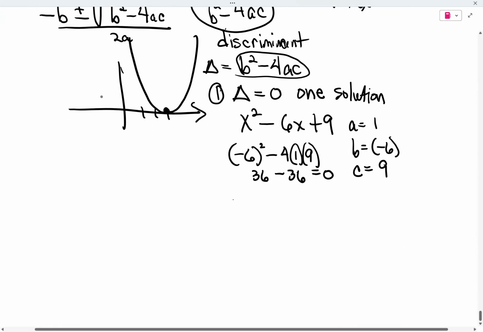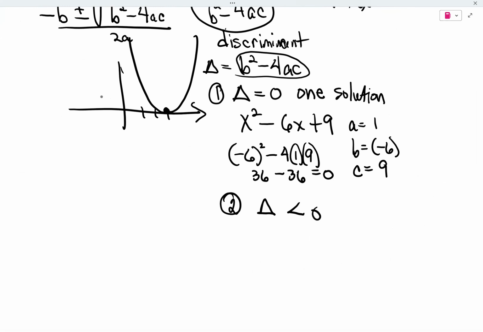Condition 2. In condition 2, if the discriminant is less than 0, then we have imaginary solutions. Okay. So in that case, when we do the b squared minus 4ac, we're going to end up with some parabola that is not ever on the x-axis.